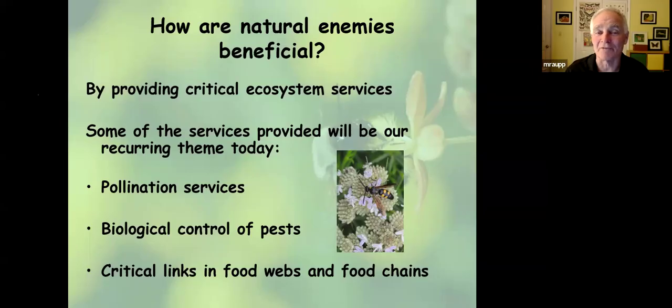And the easiest way I find to do this is to focus on these key ecosystem services. Number one, pollination. I think everybody can get their head wrapped around pollination and its importance and why insects help to do this. Number two, biological control. And this is the aiding and abetting Mother Nature to help reduce pest populations that we mentioned before. And finally, insects form a critical link in food webs and food chains.